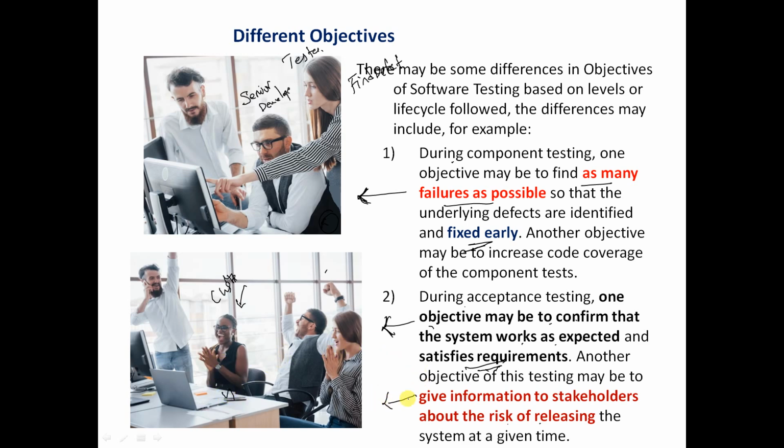And the third is to give information to the stakeholder or customer about the risks existing at the time of releasing the software. Risk may be minor or major, and again it depends upon the usage, the timeline, and the requirements given at the time of release. All right, so this is all about the objectives of testing.